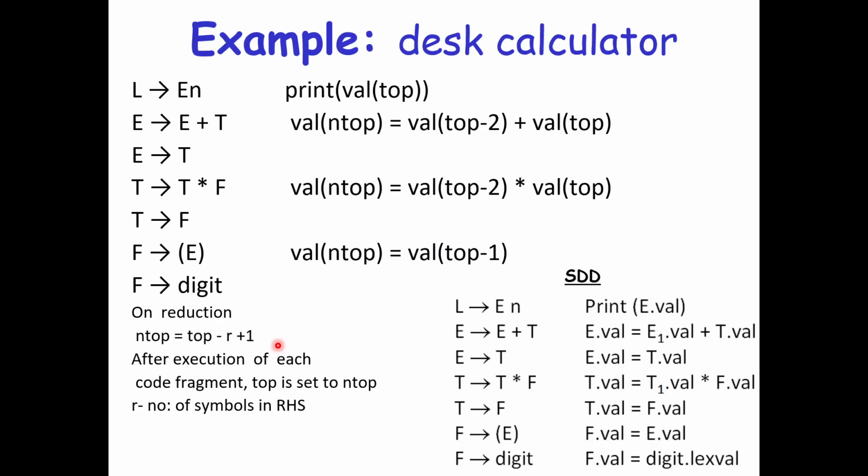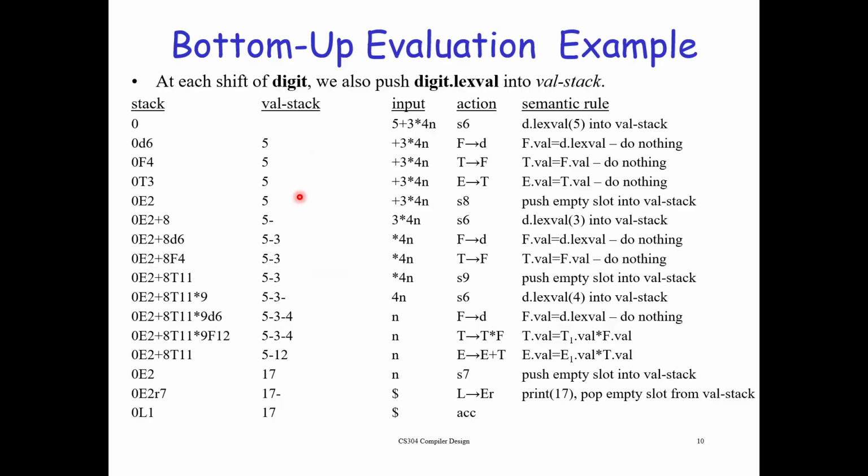That is why it is written here: val of top minus 2 star val of top, and that will be copied. Val of top minus 2 is 3, and the top is 4, so 3 star 4 is 12. So now 12 will be copied.